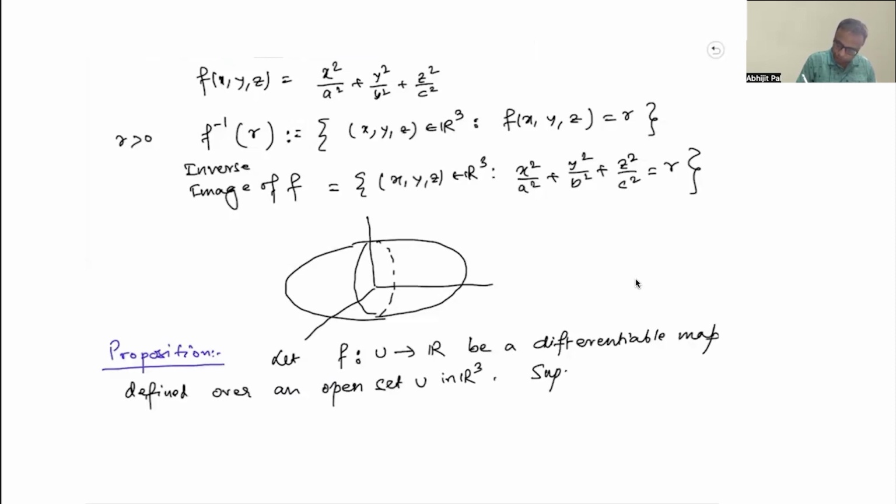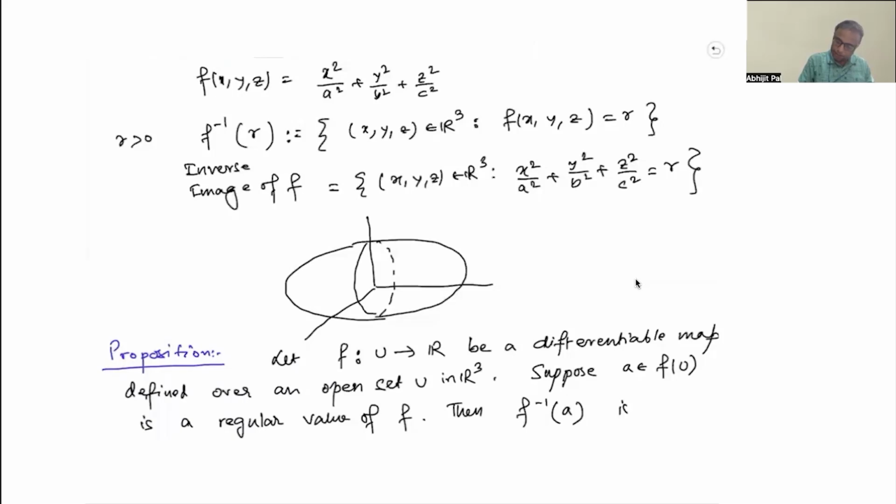Suppose a belongs to f(U) is a regular value of f. Okay, so then the claim is that f inverse of a is a regular surface in R3.